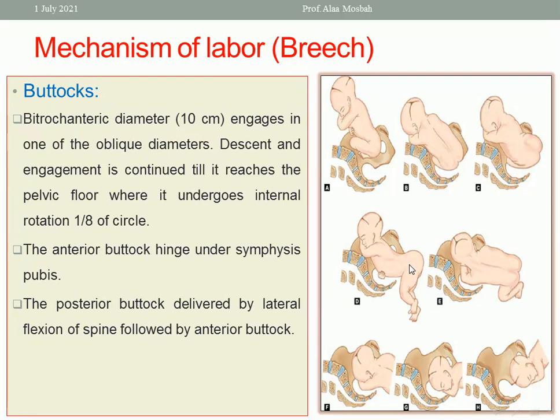So the posterior, then the anterior buttock. So descent, engagement, reaching the pelvic floor, one eighth circle internal rotation anterior, then hanging behind the symphysis pubis, then delivery of the posterior buttock by lateral flexion of the spine, and then the anterior buttock.